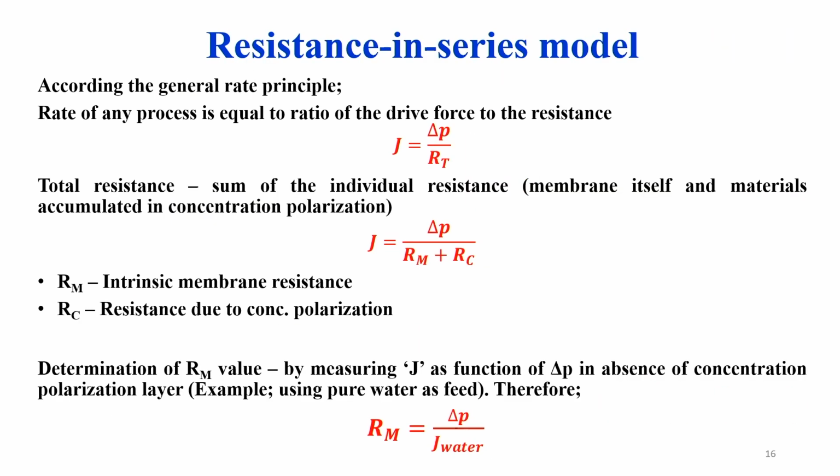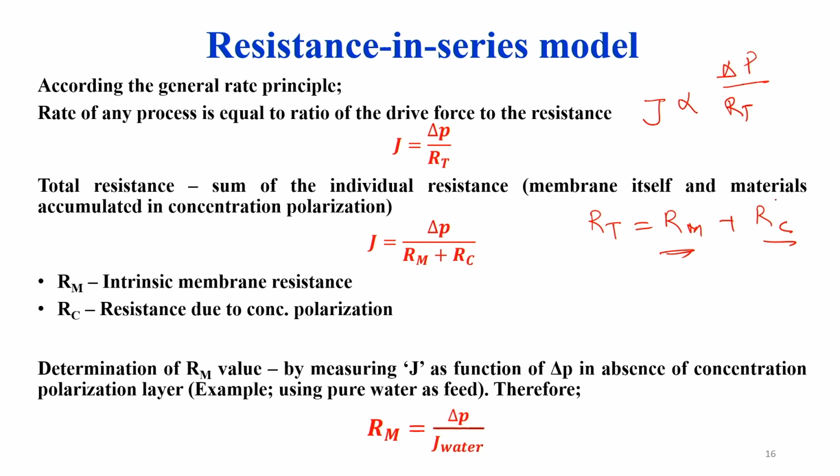Apart from this, there is another model, which says you can consider the flux proportional to the driving force delta P divided by the resistance RT. Now, there will be two resistances: RT equals the membrane resistance Rm plus Rc, coming from the concentration polarization. Now, how to get the value of Rm?